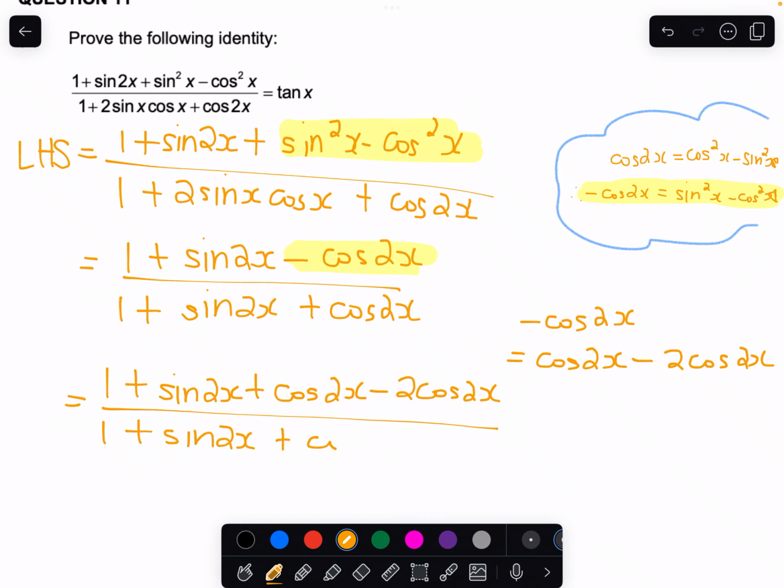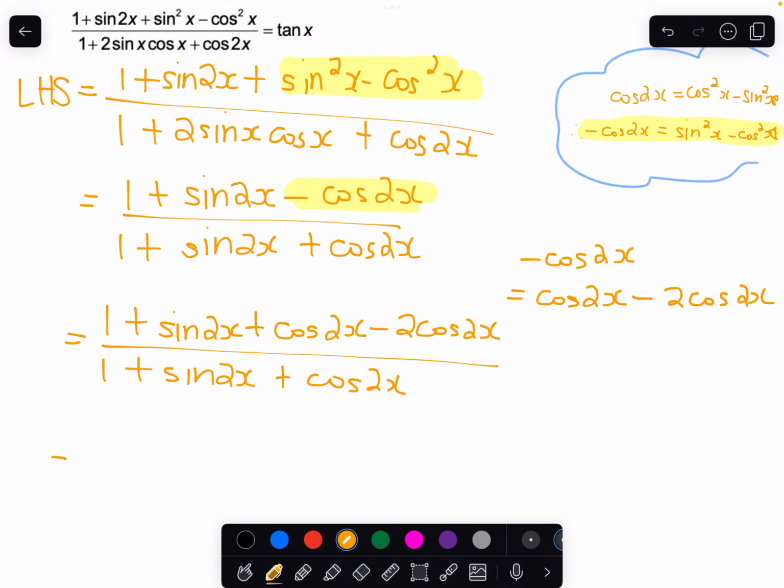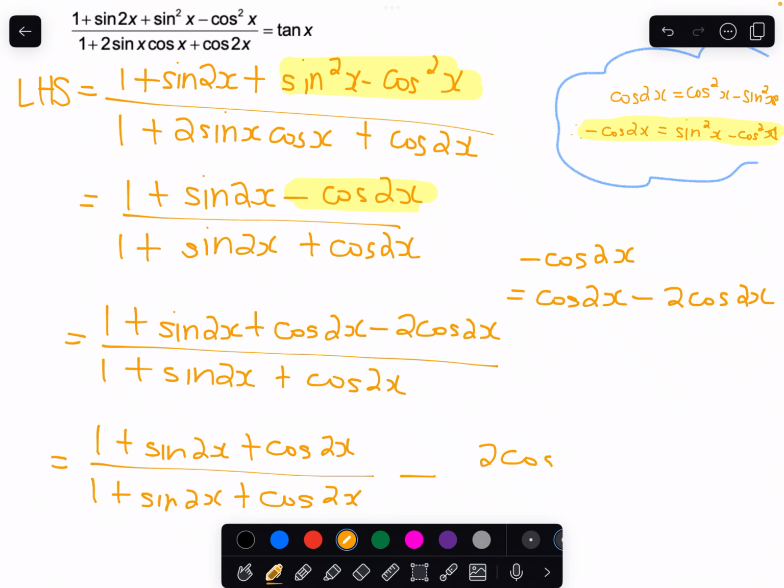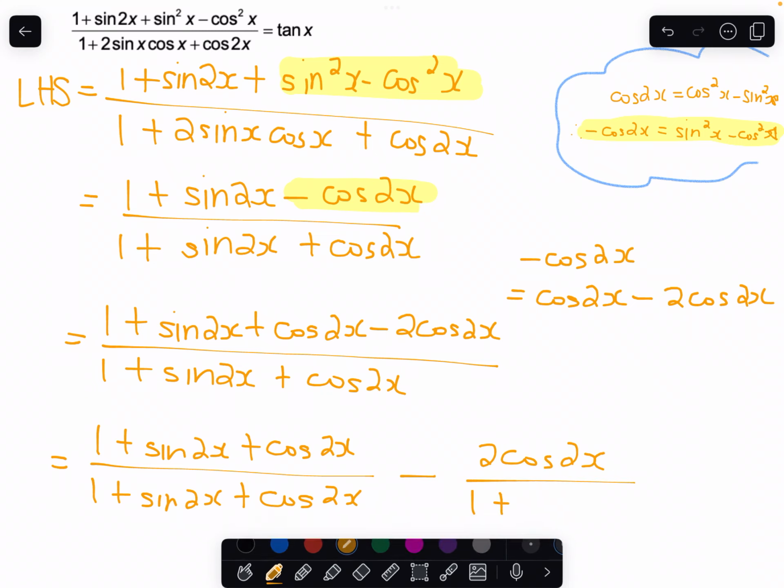Now the perk of doing this is I can split the fraction up a bit. Then this one will become just cos 2x divided by 1 plus sine 2x plus cos 2x.